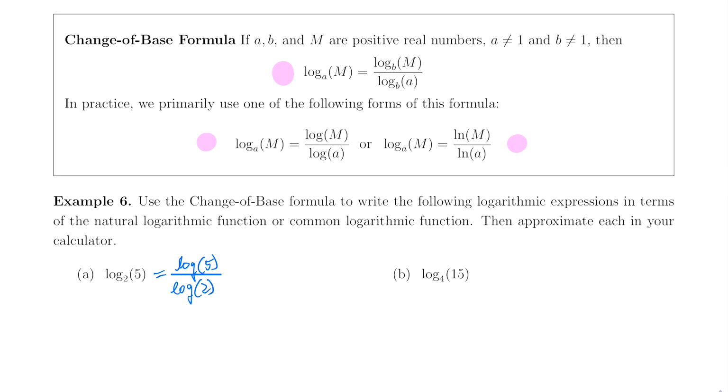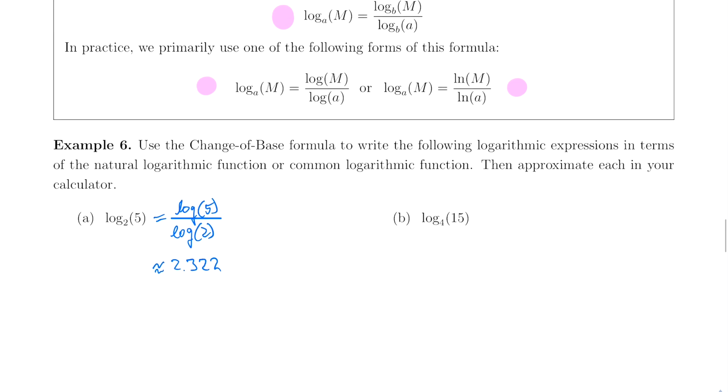And now you can take any calculator and find that, and you will get a number that you have to round, so therefore we are writing rounding signs, and 2.322 would be a good approximation.